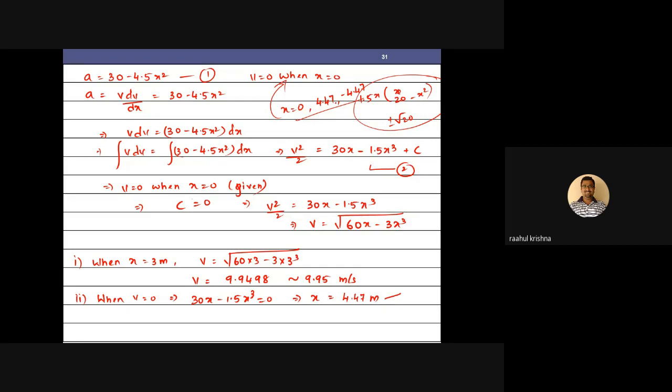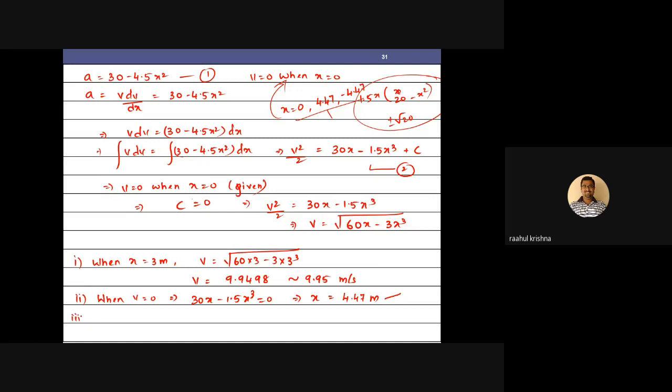Since we considered the initial displacement x equal to 3 meters as positive in the first case, the next case I am also taking as positive. Taking minus 4.47 meters is not wrong either, but I am giving you the logic of why I am taking plus 4.47.